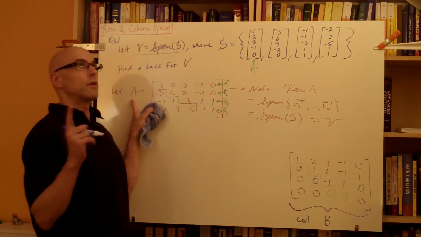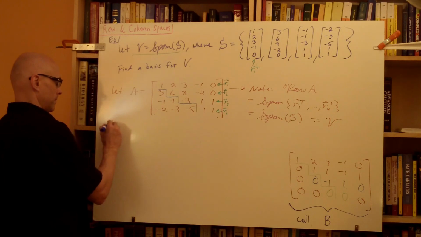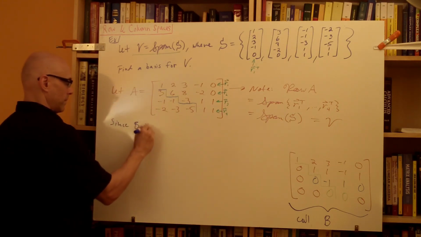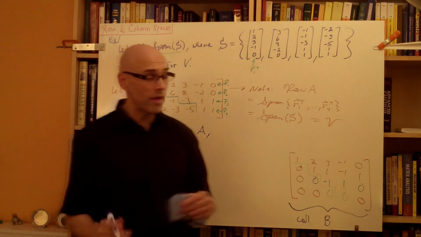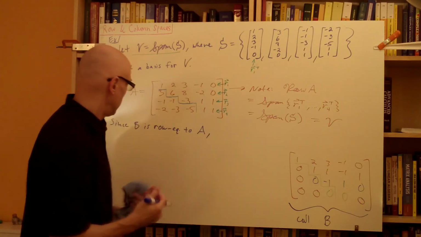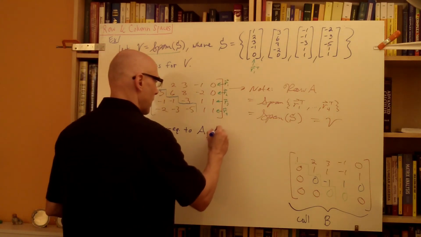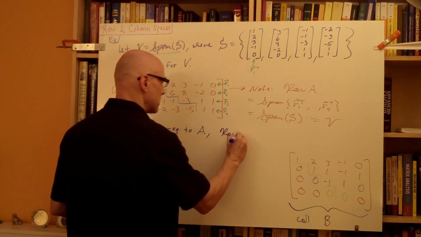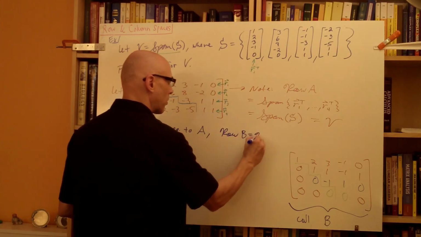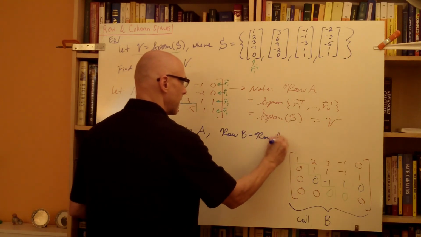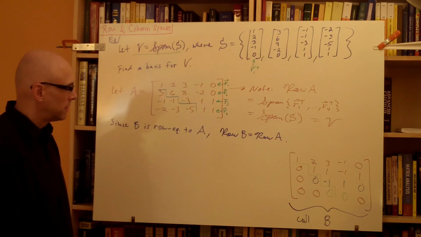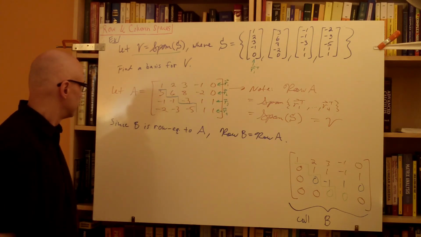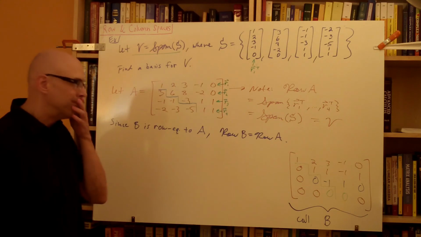So B is row equivalent to A. By the theorem that I gave earlier, the row space of B is equal to the row space of A. So far, so good.